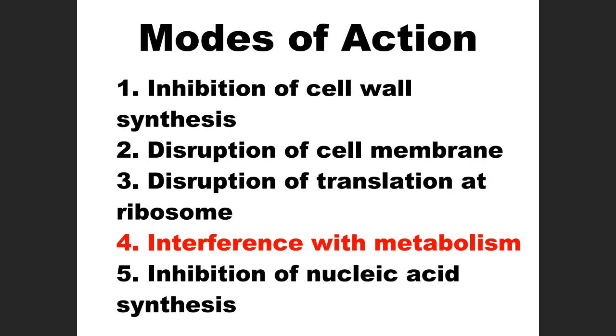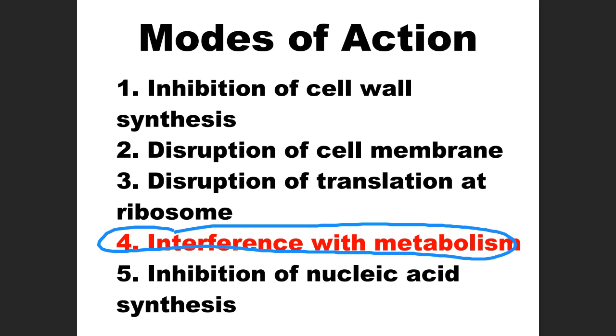Okay. So we're going to continue and wrap up this section where we're discussing antibiotics, going along with the modes of action that we were talking about before. The next major mode of action for antibiotics that we're going to cover is interference with metabolism. Now, the way that it's written here, it's kind of a misconception.